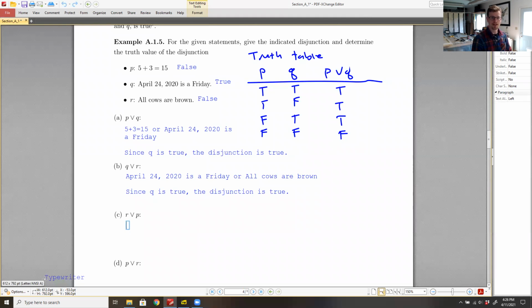So R is all cows are brown, or 5 plus 3 is 15. Since both P and R are false, the disjunction is false.